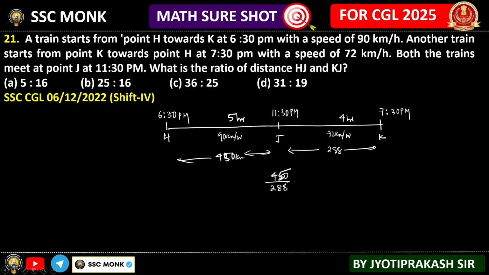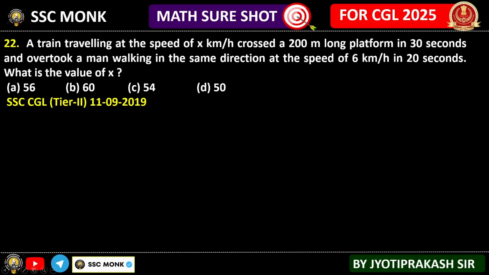Clear? Let me write it properly so that it won't create any confusion. 9 3s are 27, 9 2s are 18, 2 25s are 50, 2 16s are 32. So the ratio is 25:16. Answer option B.